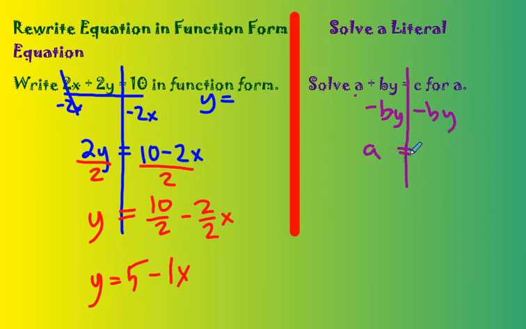So a equals c minus by. These problems seem really scary because there aren't as many numbers in them, but it's actually less work than solving an equation because you don't actually have to do addition and subtraction usually. We just write down the two terms that are unlike next to each other.